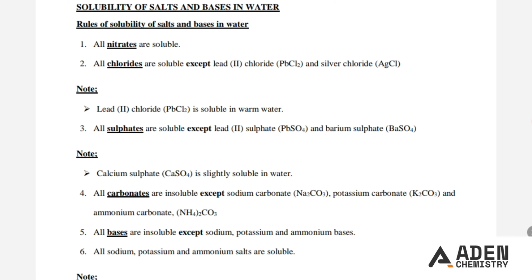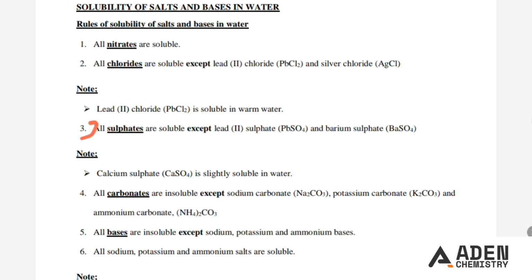Again, to differentiate lead(II) chloride from silver chloride, we just heat or warm the mixture. Then we will see lead(II) chloride dissolve in the warm water, while silver chloride will not dissolve in warm water.